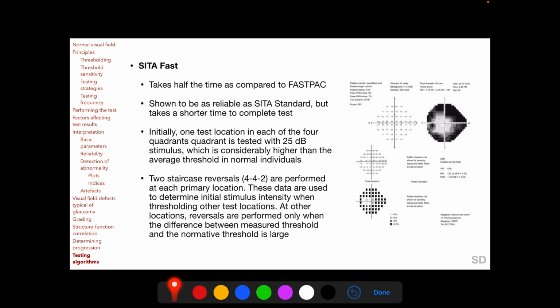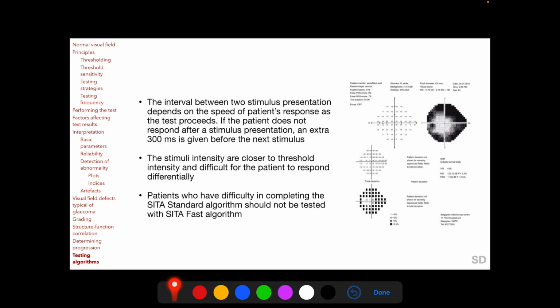But in SITA Fast, these data are used to determine the initial stimulus intensity when thresholding other test locations. And apart from the primary locations, reversals are performed only when the difference between the measured threshold and the normative threshold is large. As with SITA Standard, the interval between two successive stimulus presentations depends on the patient's speed of response as the test proceeds.